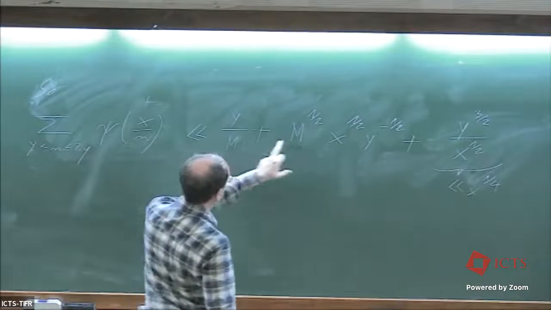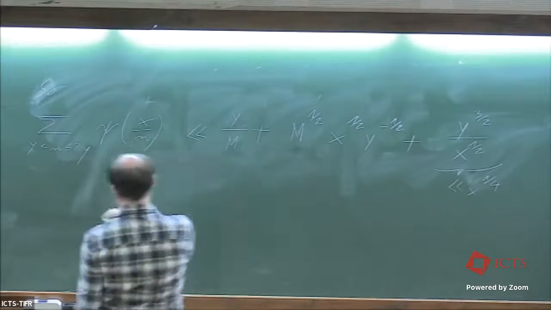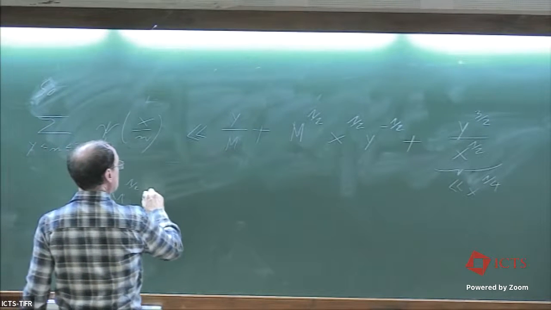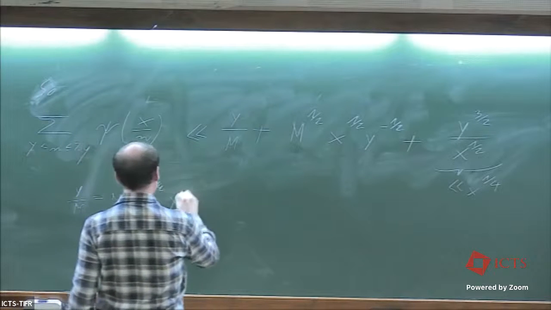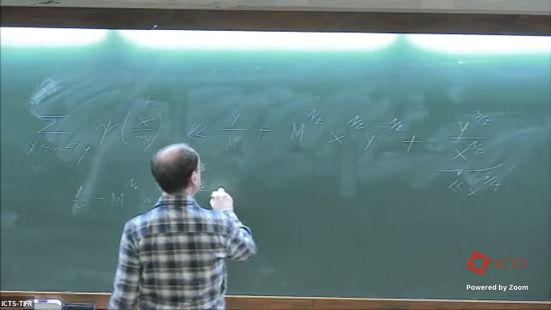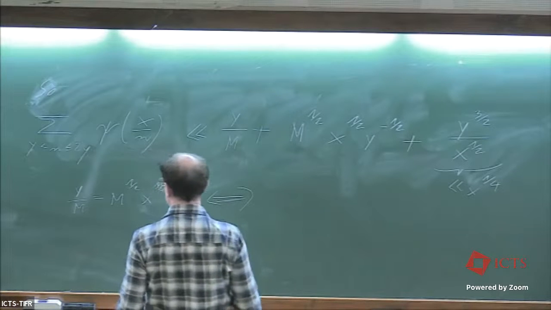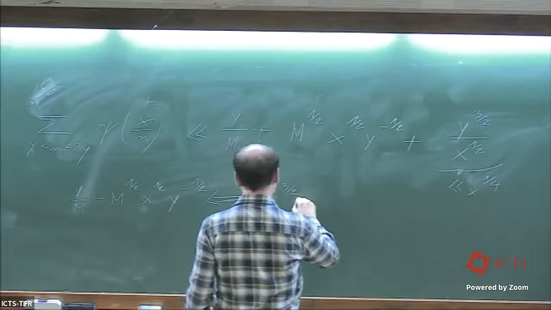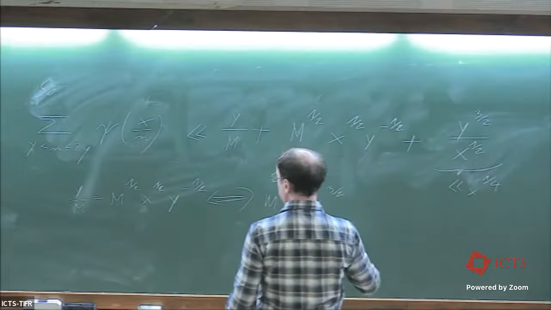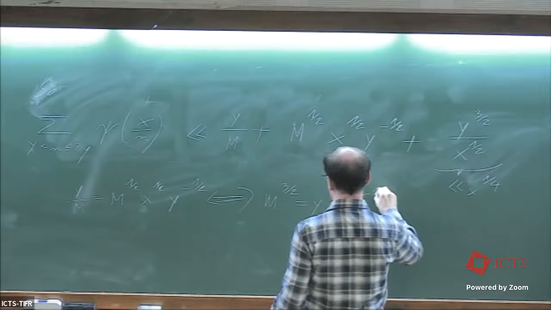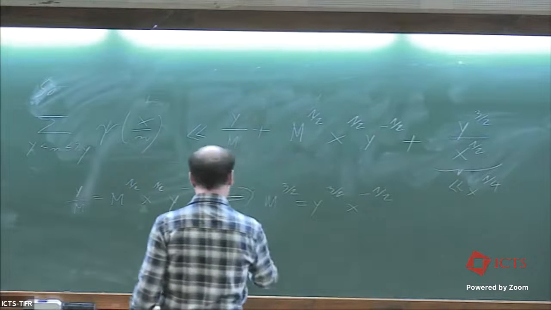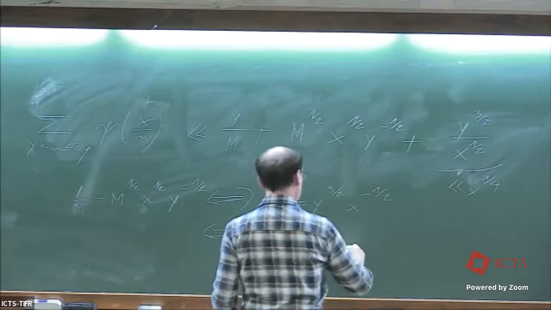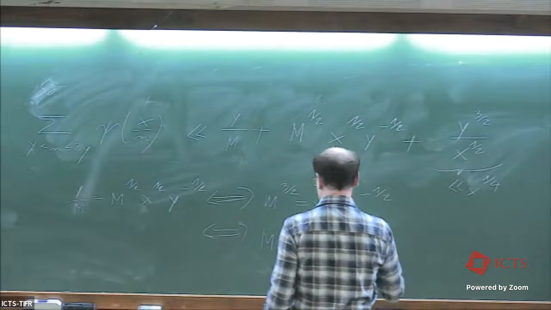And now we need to balance these two terms here. So y divided by m equal to m to the 1/2 x to the 1/2 y to the minus 1/2. So that gives m to the 3/2 is equal to y to the 3/2 x to the minus 1/2. So we take m to be y x to the minus 1/3.